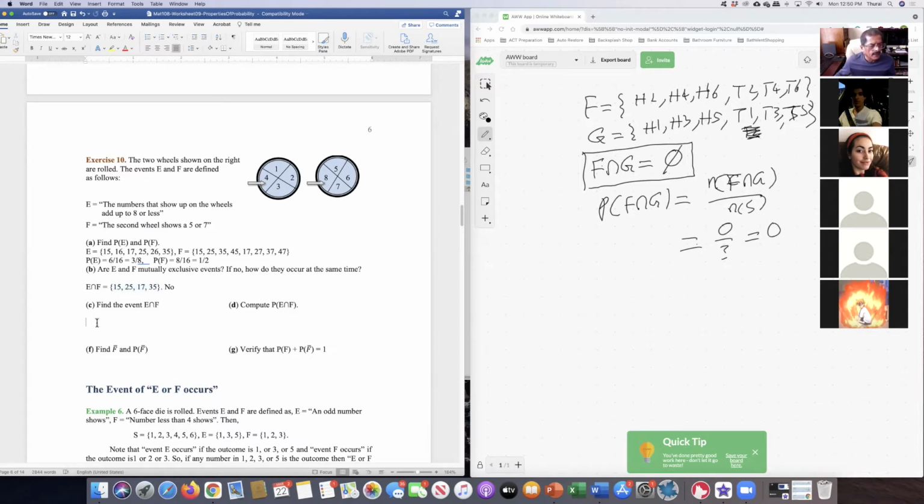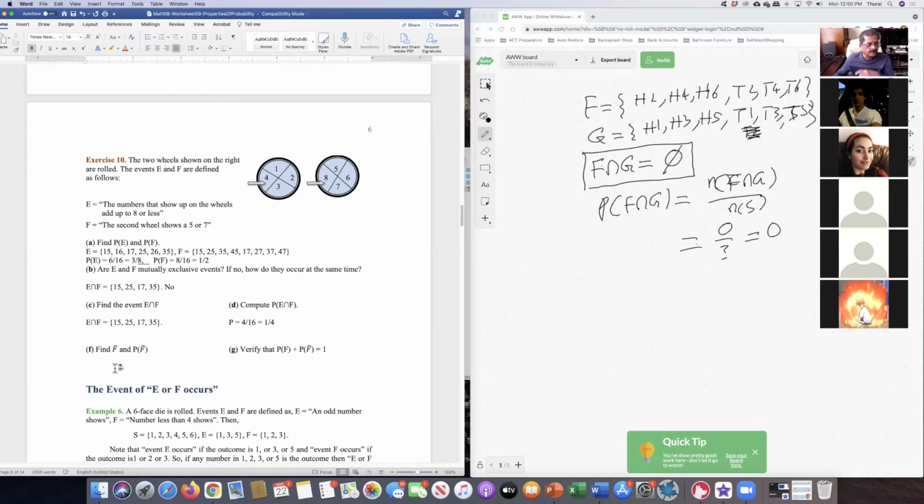So we already found the event E intersection F. And then compute the probability of E intersection F. That's 4 over 16, right? 4 over 16 equals 1 over 4.